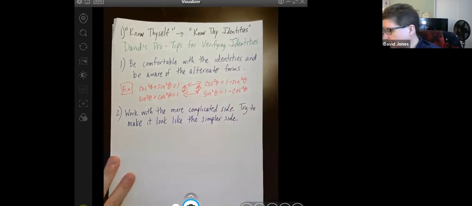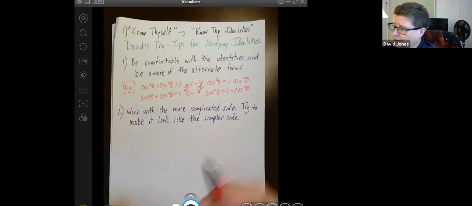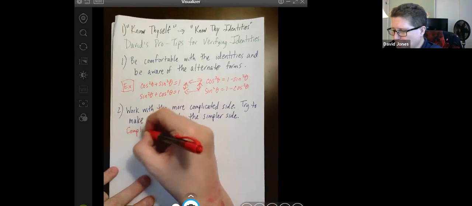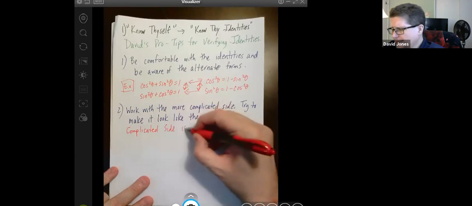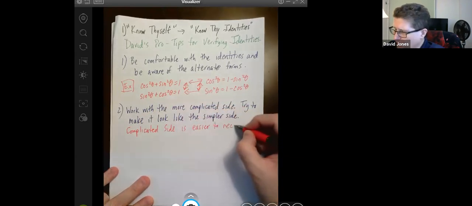And the reason why is oftentimes in the complicated side, you can spot stuff that leads to simple stuff. It's easier to recognize where it appears in identities.